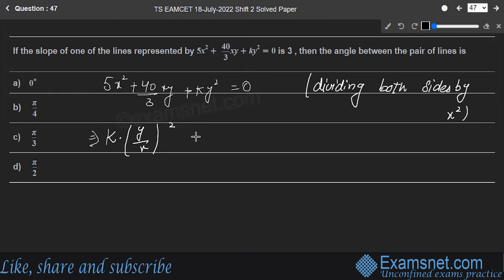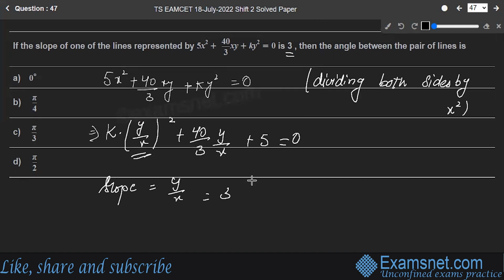So k into y upon x squared plus 40 upon 3 into y upon x plus 5 is equal to 0. So here the slope is 3. So that means slope is given by y upon x, so this is equal to 3. So y upon x is equal to 3.